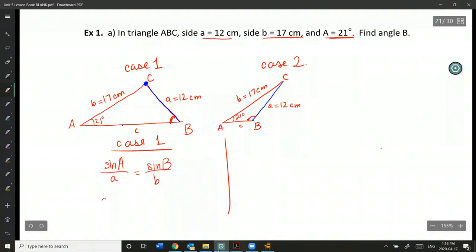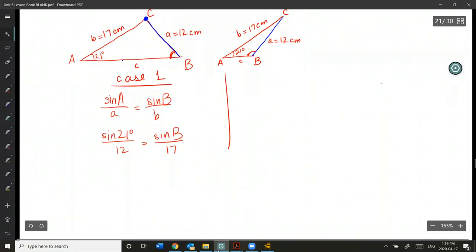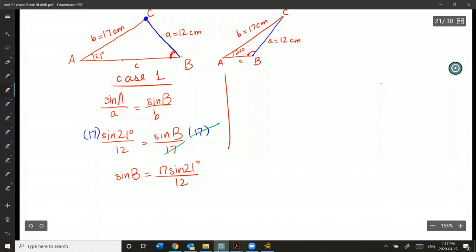Okay, so let's plug in what we know. We know angle A, side A, we don't know B, and we know side B is 17. Okay, so in order to get sine B by itself, I'm just going to multiply up 17 on each side. And we get that sine B is equal to this ratio here. So if you plug this into your calculator, make sure you're in degree mode.